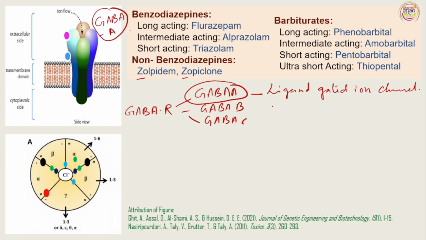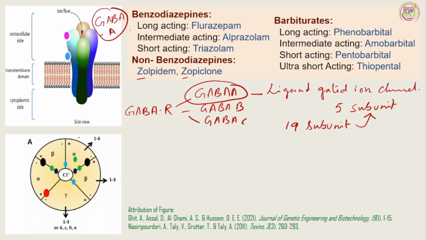It is found in the CNS, mostly in high concentration in the thalamus, hypothalamus, and hippocampus area. It is composed of a total of 5 subunits, but there are 19 different subunits present.